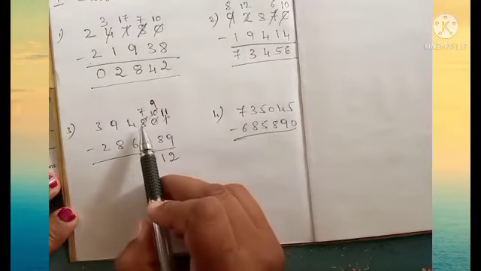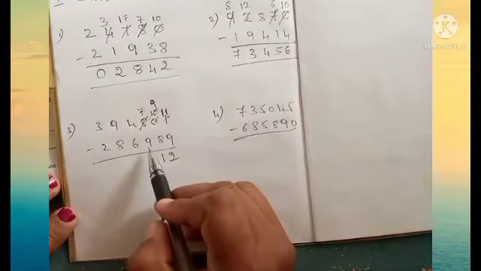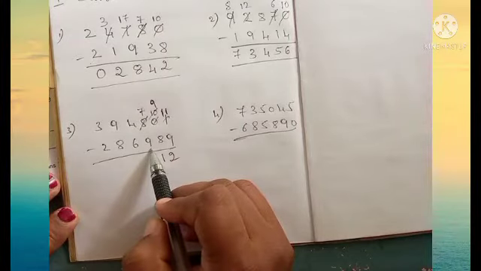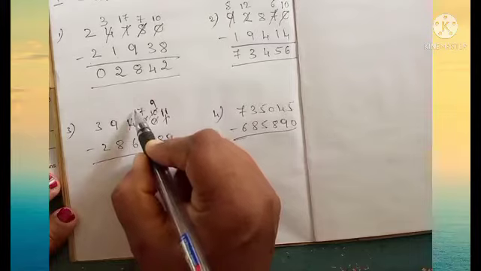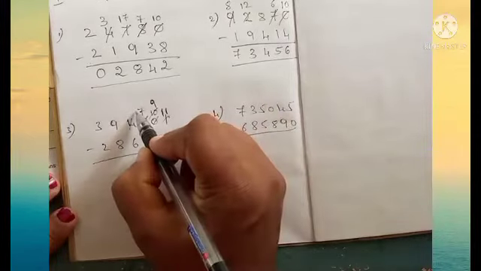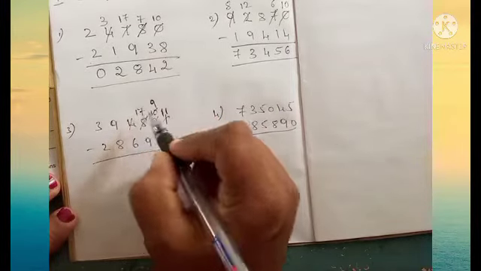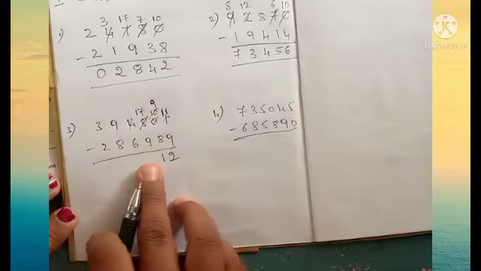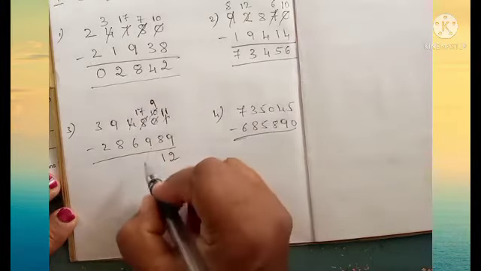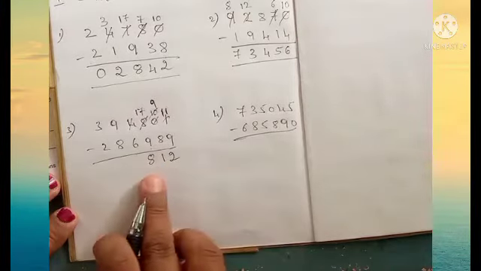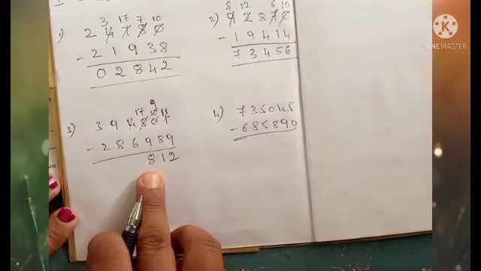So 7 remains. In 7 can you minus 9? No. So what should you do? Borrow from the next number. So this will become 17. So 17 minus 9, how much, dear children? 8. So you will get 8.